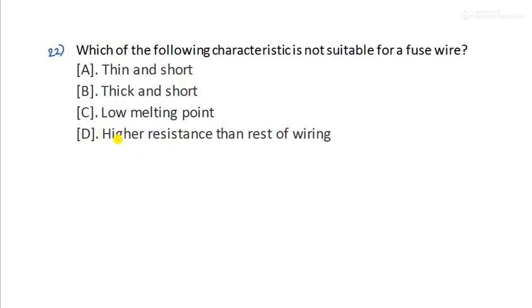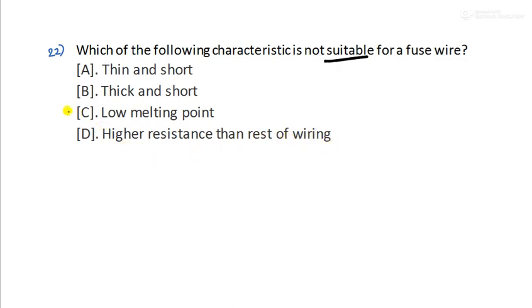Question number 22. Which of the following characteristics is not suitable for fuse wire? Not suitable, they have asked. So which is that? It should be thin and short, thick and short. It must have low melting point, high resistance than rest of wiring.